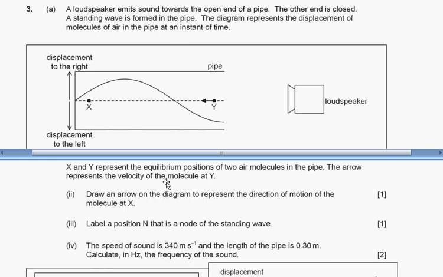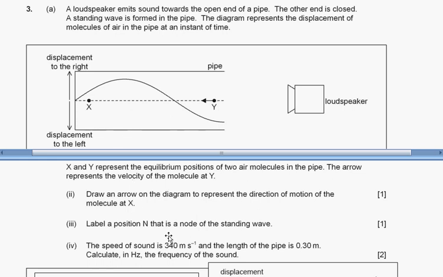The arrow represents the velocity of the molecules at Y. Draw an arrow that represents the direction of motion of the molecule at X. So, as here molecules move to the right, here molecules will move to the left.